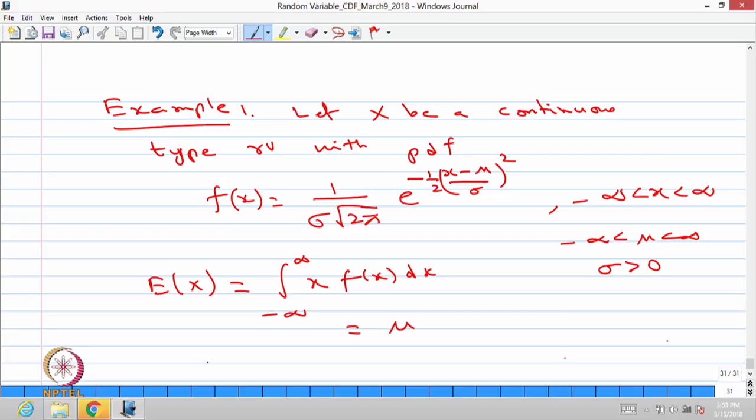I am not going for the simplification of this integration as it is. If you substitute f of x in the integral of x times f of x from minus infinity to infinity, you get the value mu. This mu is called the mean of the random variable x here.